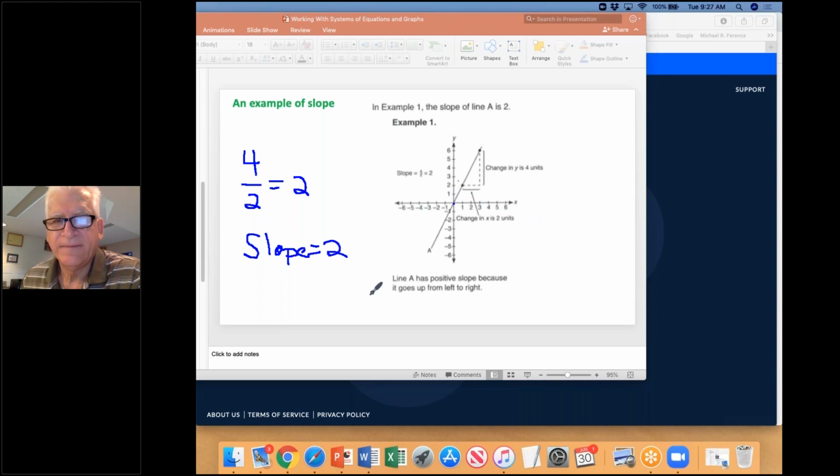So if I want to plug that into the equation, y equals mx plus b, I now know that my slope is 2, and I know that my y-intercept is 0 because it crosses at the origin.